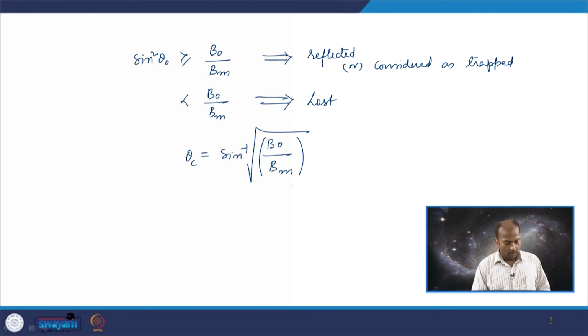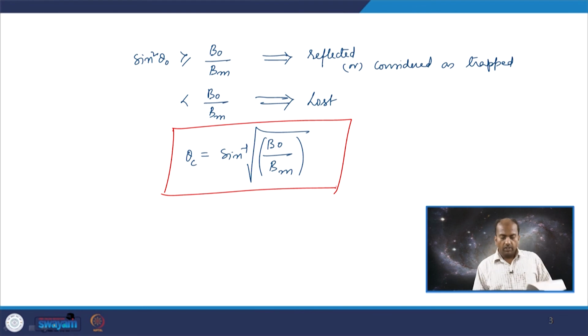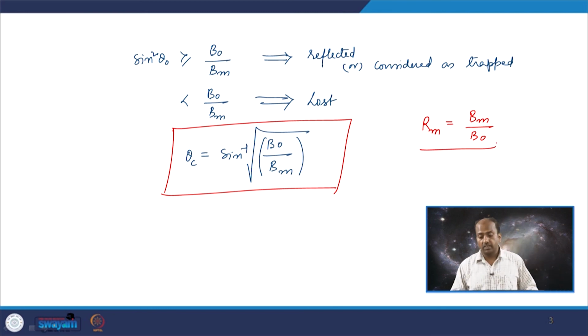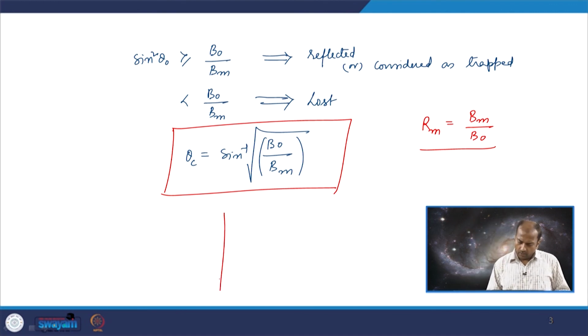So, this is the magnetic mirroring. We also define what is called the mirror ratio Rm as Bm by B naught. You want the mirror ratio to be very high, only then is magnetic mirroring a feasible idea, right. So, we can now define a loss cone.